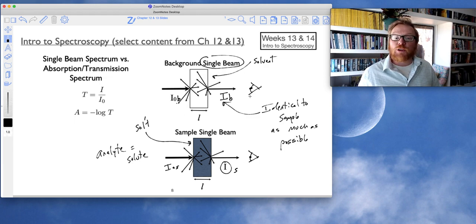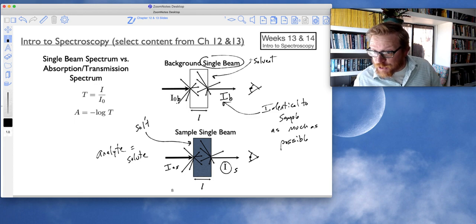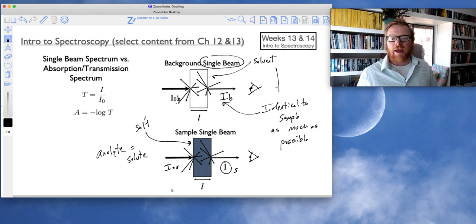And so if we were to look at what the single beam spectrum actually looks like, I wanted to go into that, okay? We can actually get a spectrum from each single beam, and it's going to be given as intensity versus wavelength, okay?